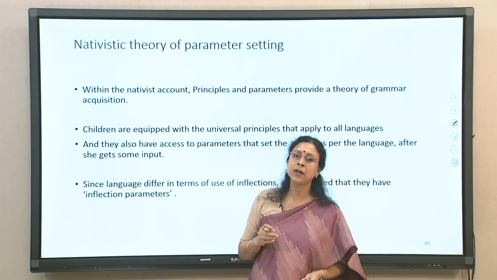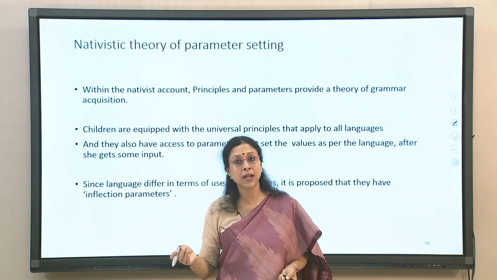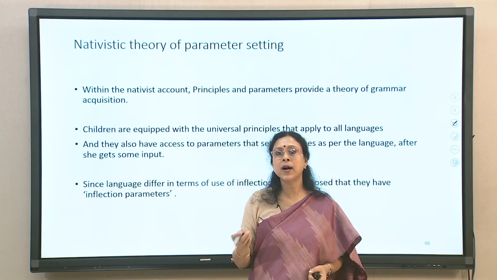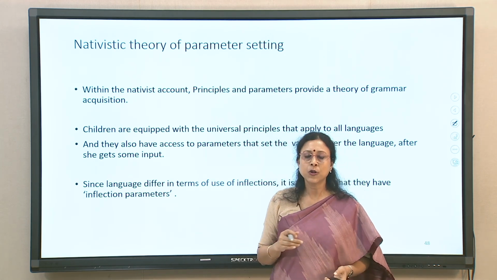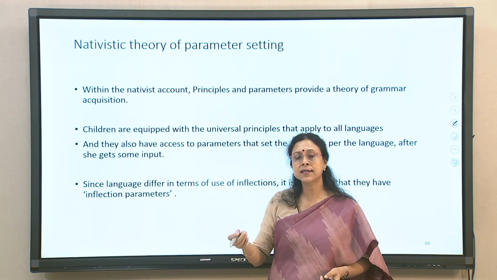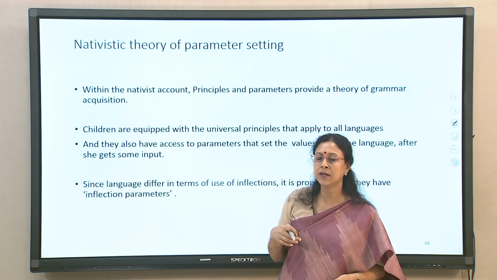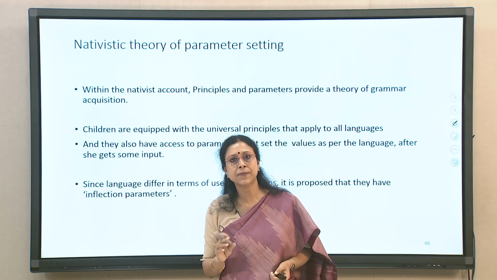For example, language X has classifiers, language Y does not have classifiers. So, for language Y the classifier parameter is switched off, something of the sort. Parameters are language specific and based on the child's input. So, based on the kind of input that he or she gets, they set the underlying grammar to that parameter.